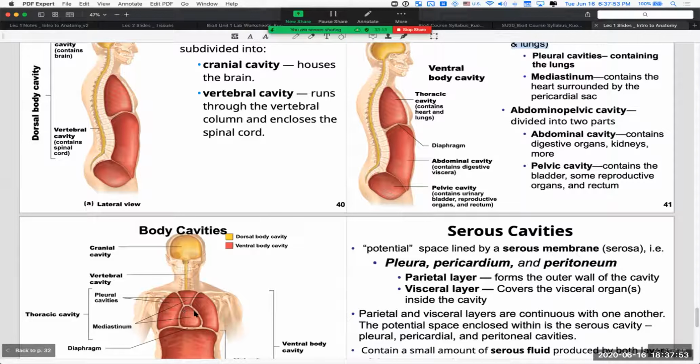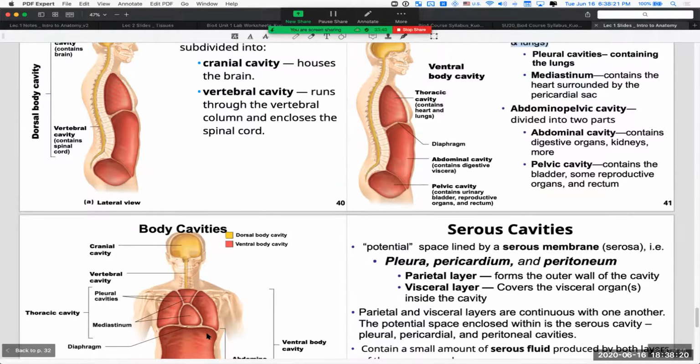That layering creates a space inside for the heart, and that space created by the layers directly surrounding the heart is called the pericardial space. Students oftentimes confuse the mediastinum with the pericardial space. The mediastinum includes the pericardial space, but also this region above it. So the mediastinum is this whole region between your two lungs.